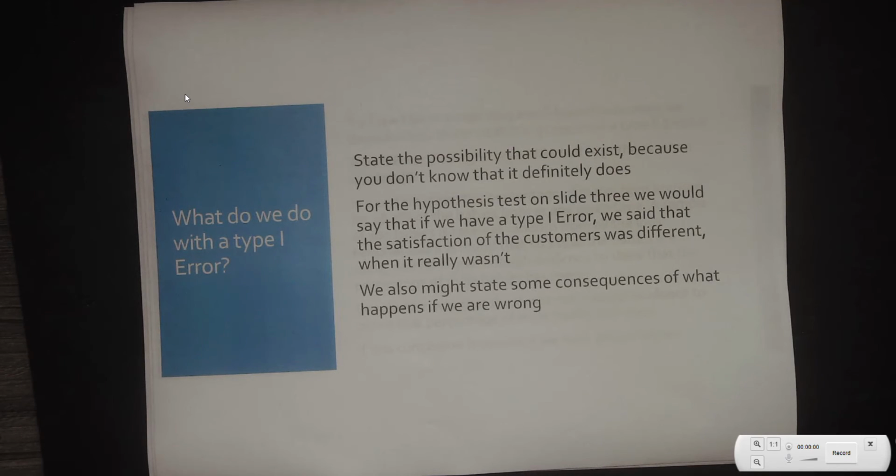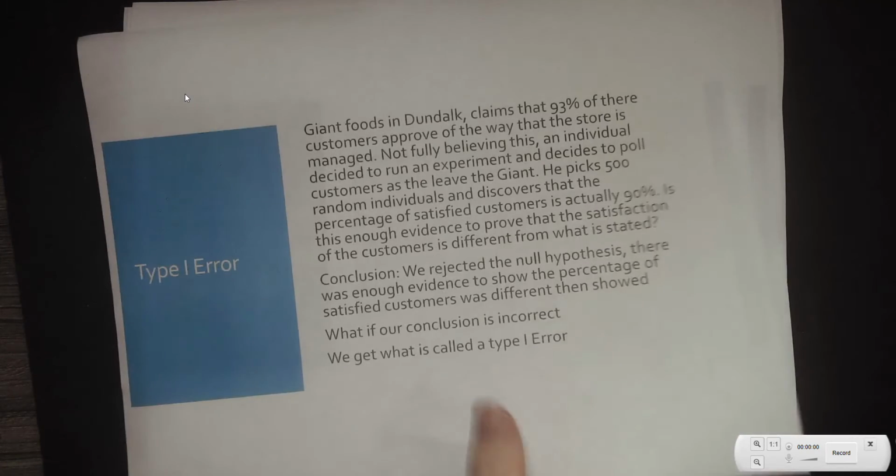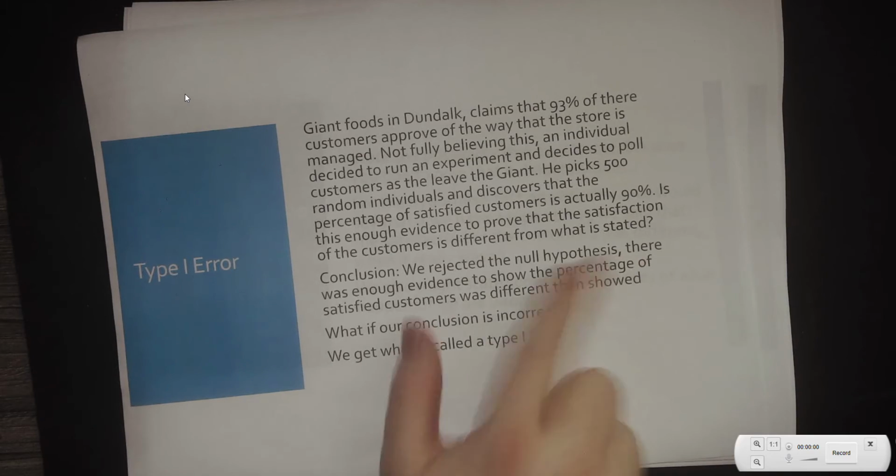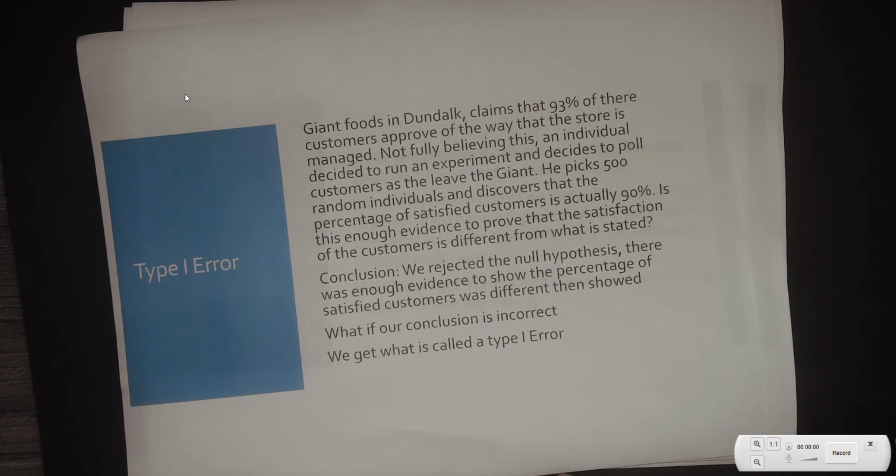So for the hypothesis test on slide 3, we would say that if we have a type 1 error, we said the satisfaction of customers was different when it really wasn't. So if you go back real fast, here we stated that we were able to show that the percentage of satisfied customers was different than stated. The error would be in that. So we would say that we did in fact show this, but we did it incorrectly.